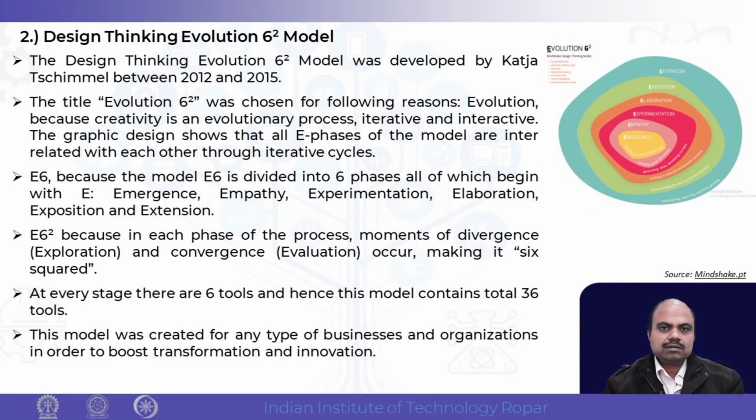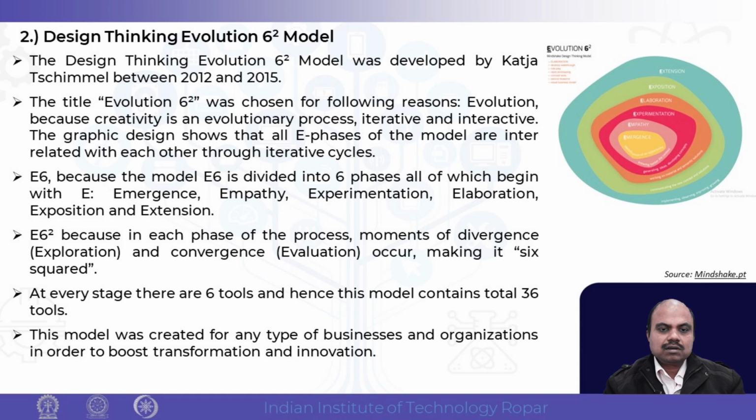The next model which we are going to discuss today is called the Design Thinking Evolution 6 Square model. The Design Thinking 6 Square model was developed by Kitze between 2012 and 2015, so you can see it's quite a new model.